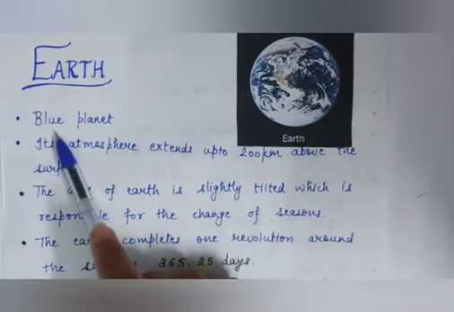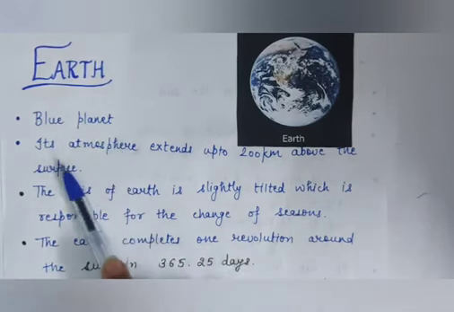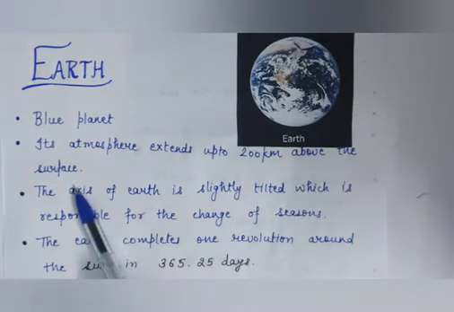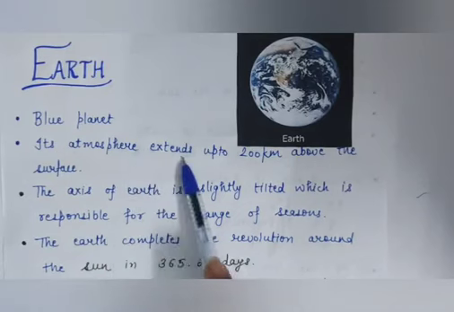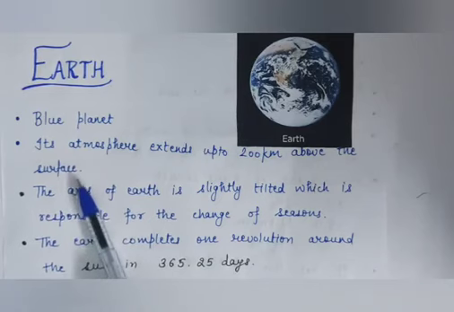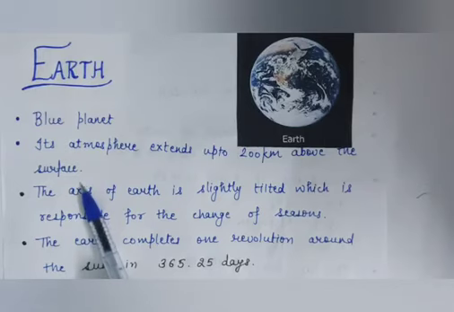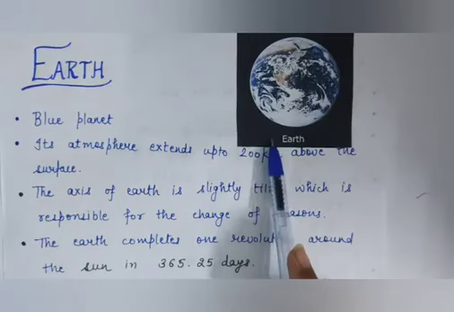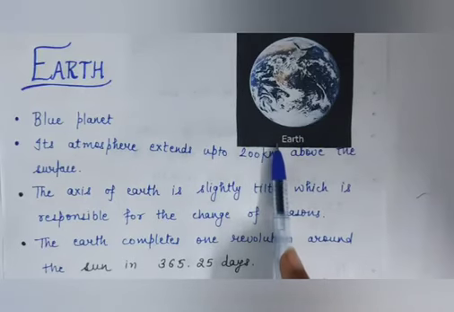Its atmosphere extends up to 200 km above the surface, and the atmosphere consists of about 78% nitrogen gas, 21% oxygen, and some amount of water vapors, carbon dioxide, helium, and other gases. About 70% of the surface area of Earth is covered with water.